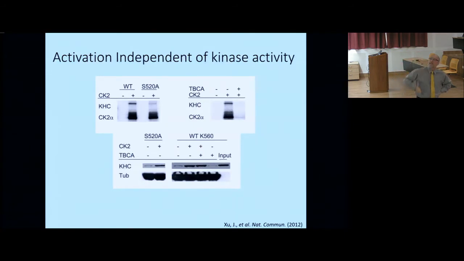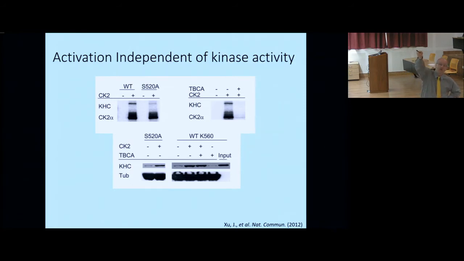I told you about the TBCA experiments. We actually mapped the site, which is 520, that was being phosphorylated by CK2. We made a point mutant that wasn't phosphorylatable. That still went inactive, and it was still reactivated by CK2. Yeah, so this is showing radioactive incorporation, the amount of hot phosphate that's incorporated in the presence of CK2.